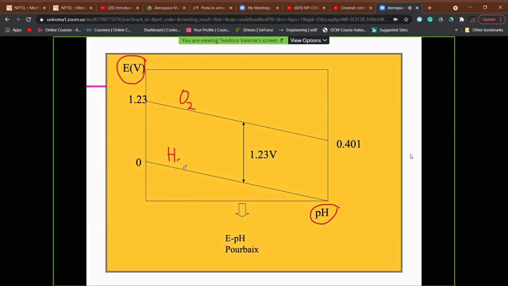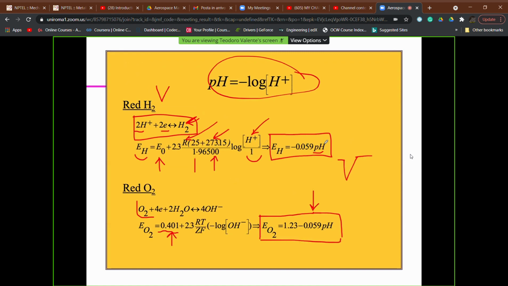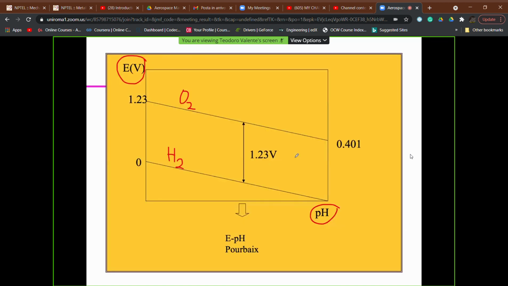We do have, you see here, two straight lines having the same slope, which is minus 0.59, but starting on the y-axis at two different points. You see here the oxygen reduction will start from 1.234 volt, the hydrogen reduction will start from 0, and it is exactly what is reported on this diagram.